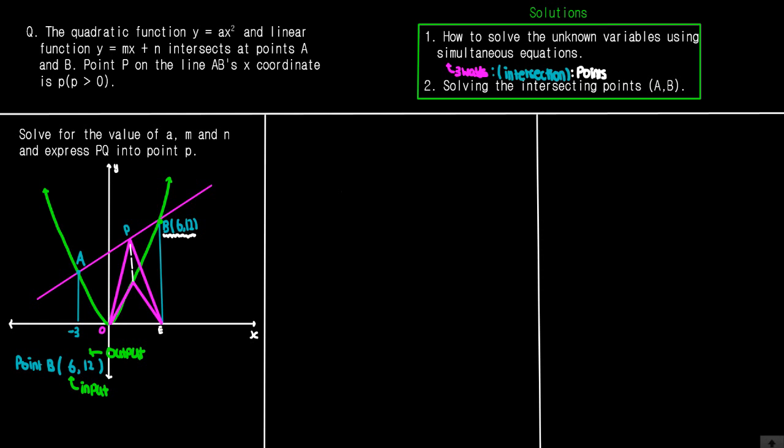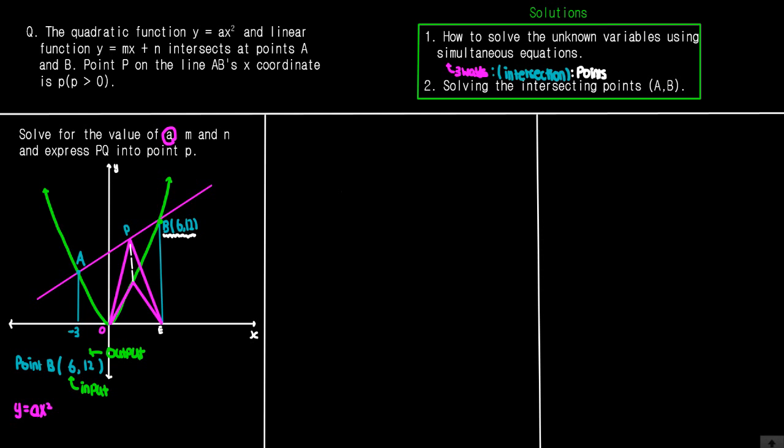In this case, first of all, let's think about how to solve for a. As we can see, there is a quadratic function y is equal to ax squared, and a is the leading coefficient of our quadratic function. Let's think about what it does.